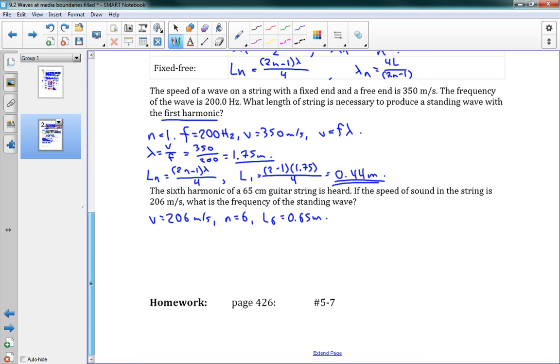So since this is a guitar string, we're dealing with a fixed situation. That means we use this form of the equation. Ln is n lambda over 2. So we've got L6 is equal to 6 lambda over 2.